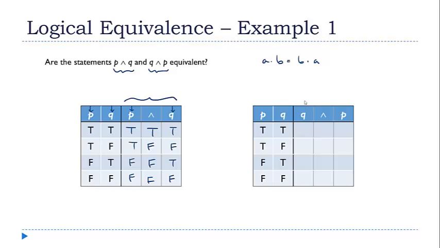So now I'm going to do it again with the table that represents the second statement. So again, I'm going to copy the values, and be careful. This time, for the first column, I need the Q values. And for the second column, the third column, the end column here, I need to copy the P values.